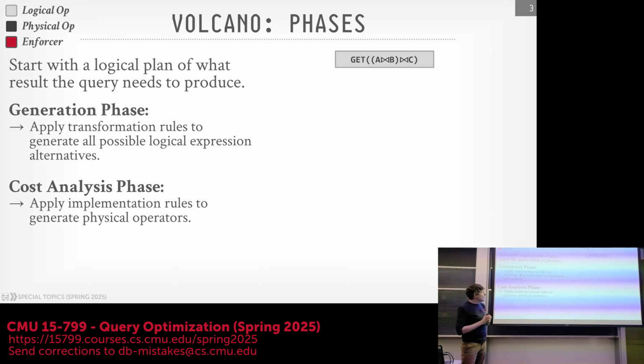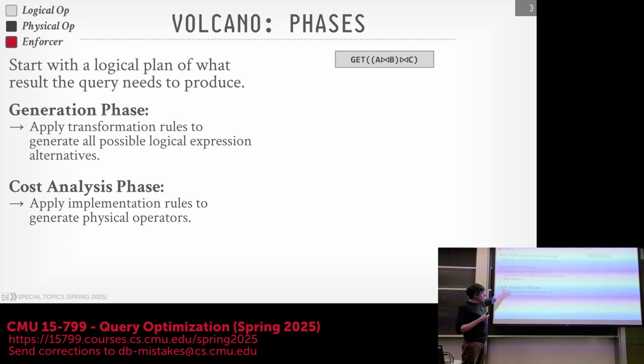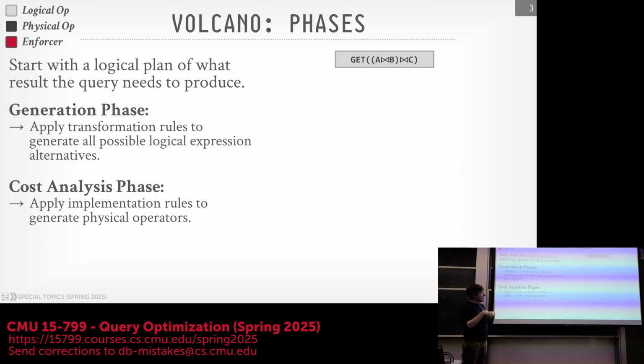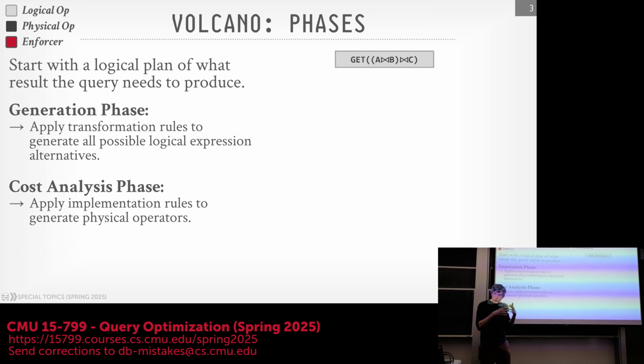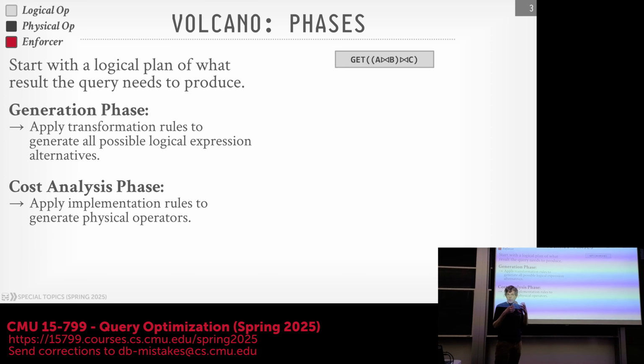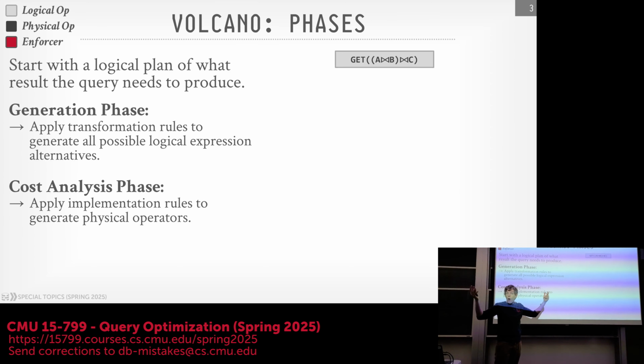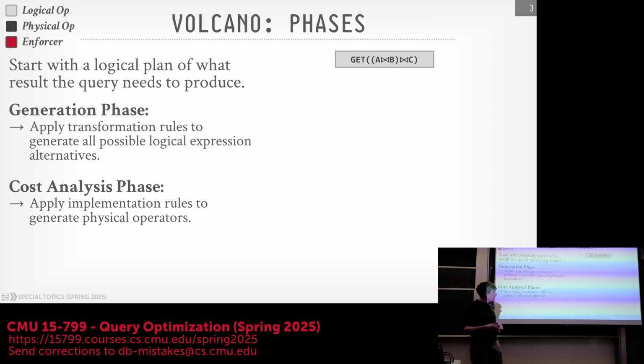The first phase is called the generation phase, where they still do a top-down search, but they explore and explode out all of the logical expressions you could have for every logical expression as you go down. As you traverse down the tree, you apply all the logical rules you can for the operator you're looking at, and then traverse down further. So you're exhaustively expanding all the possible logical expressions for your query plan.